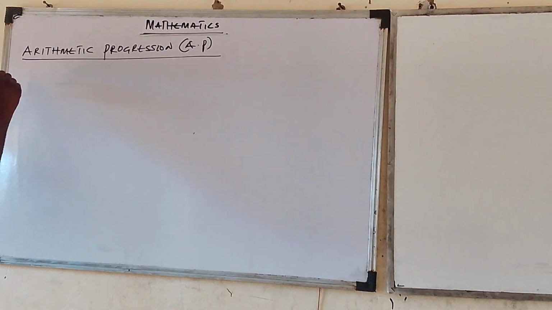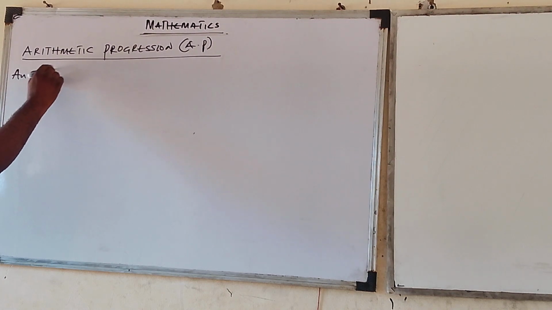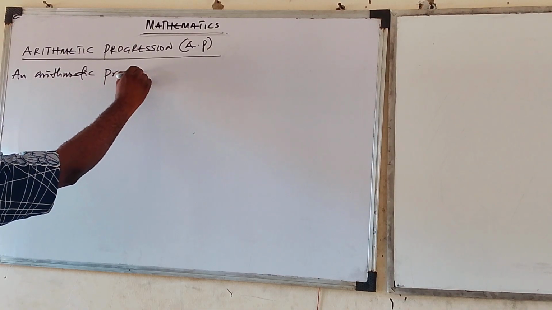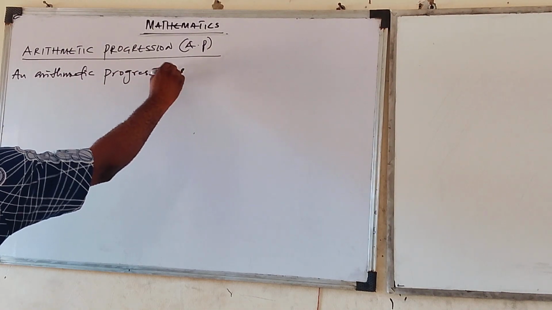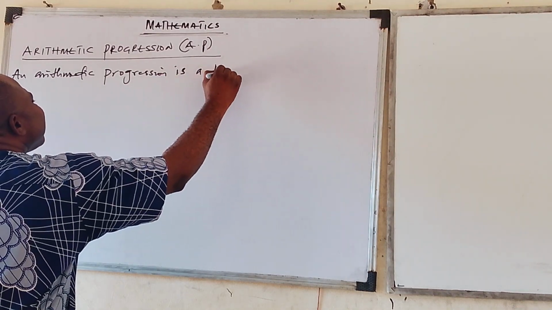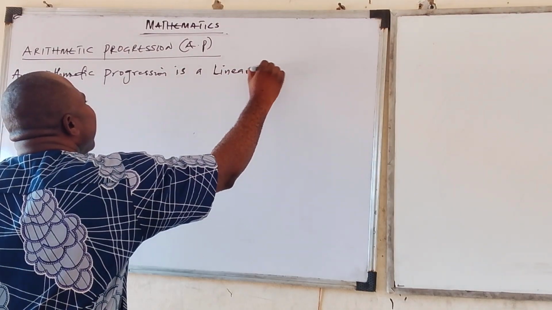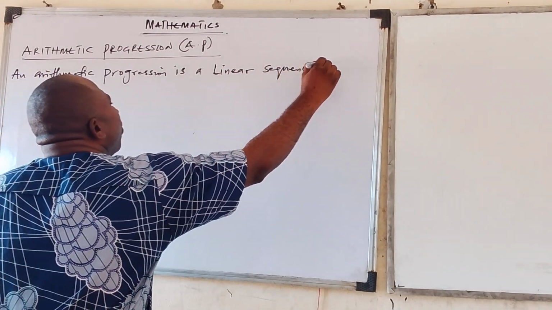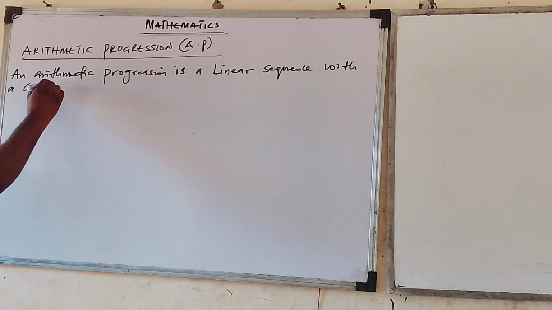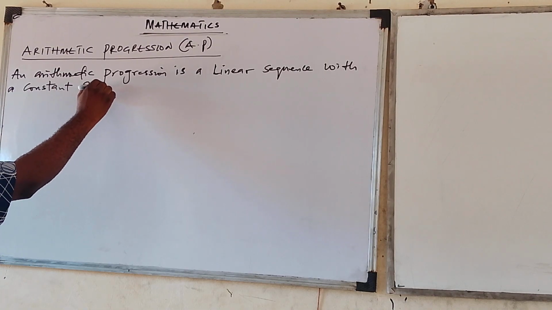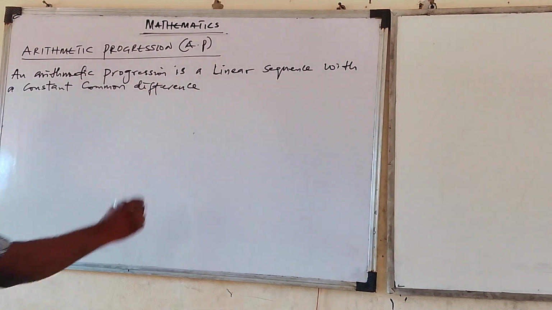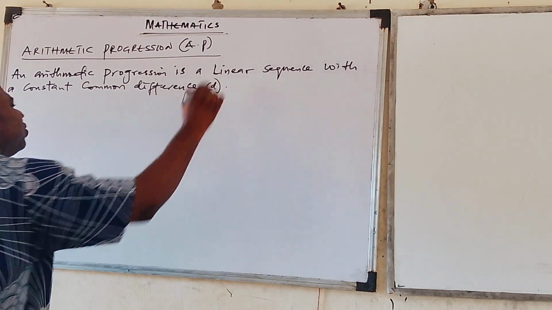An arithmetic progression is a linear sequence with a constant common difference, D. Full stop.